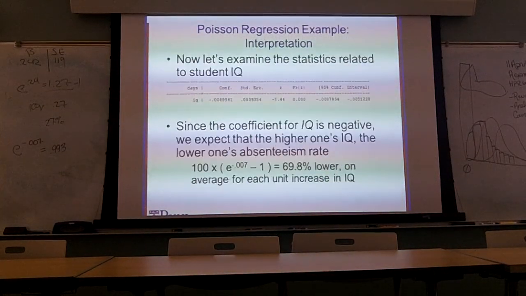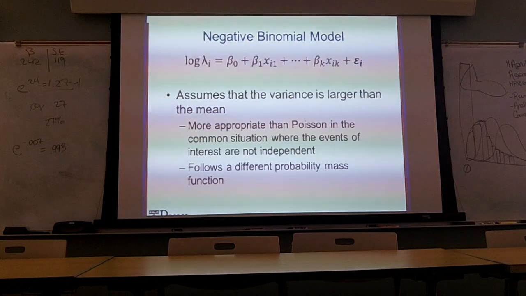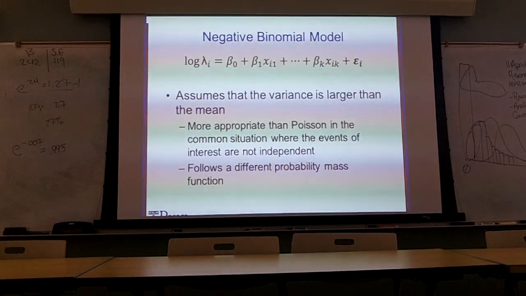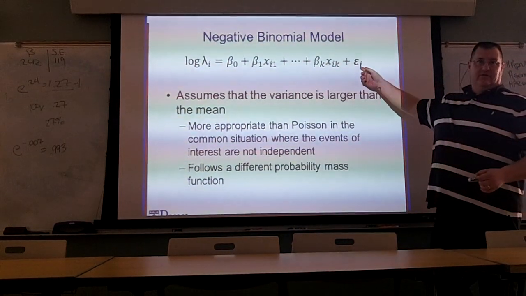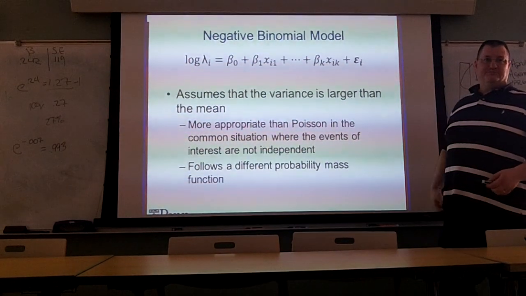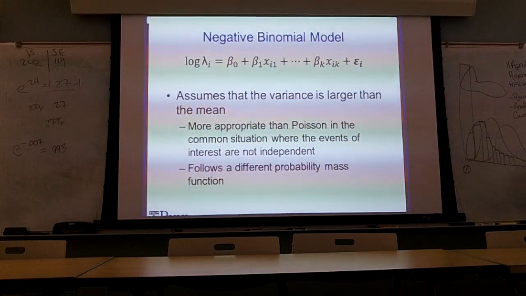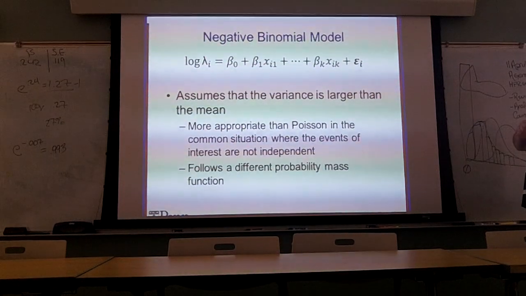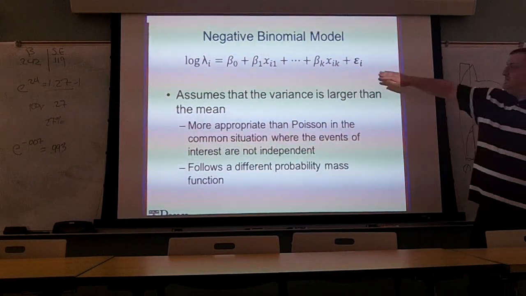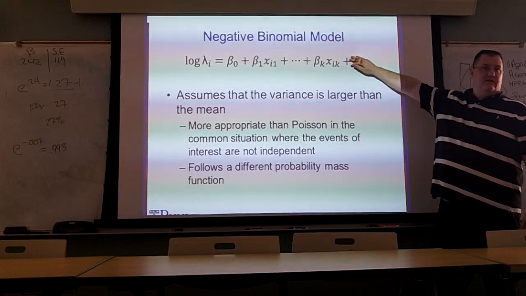Now let's go to the negative binomial model. Now we reintroduce the error term. But aside from this, it looks exactly the same, doesn't it?